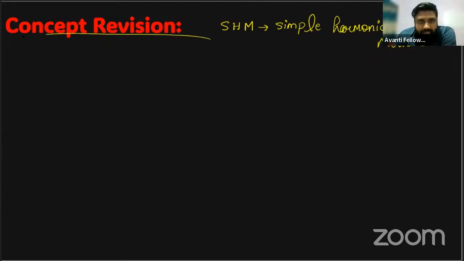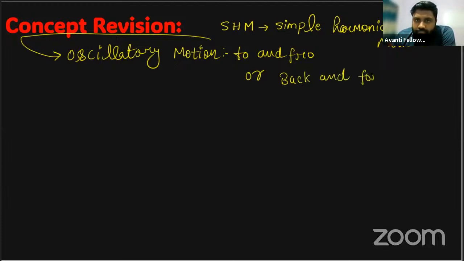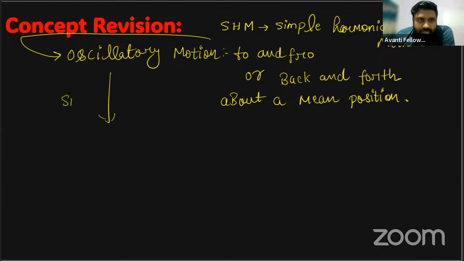It is a kind of oscillatory motion, and oscillatory motion means the motion which is to and fro, or back and forth, about a mean position. Got it?